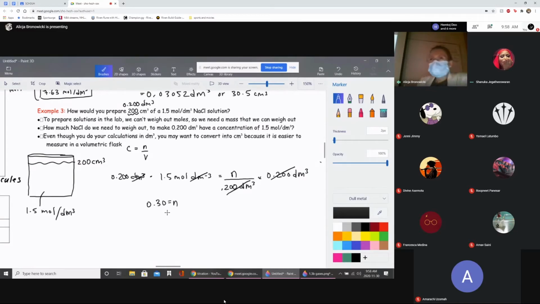I don't have a scale that will tell me moles if I weigh it. So I need to take my amount in moles and figure out a mass. So that's grams per mole.